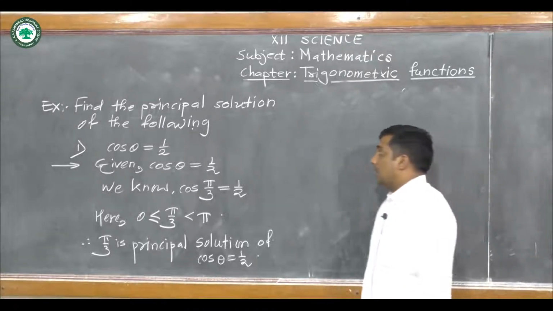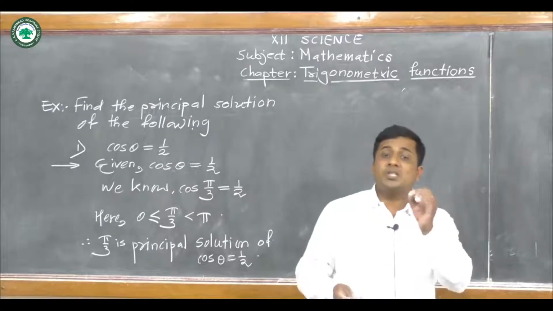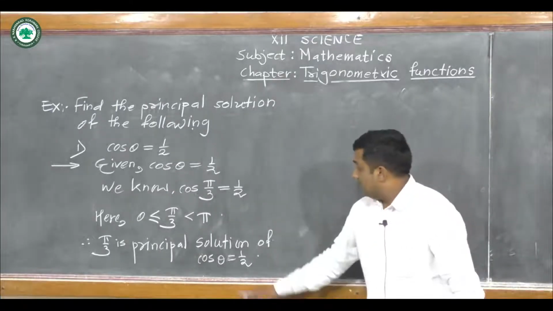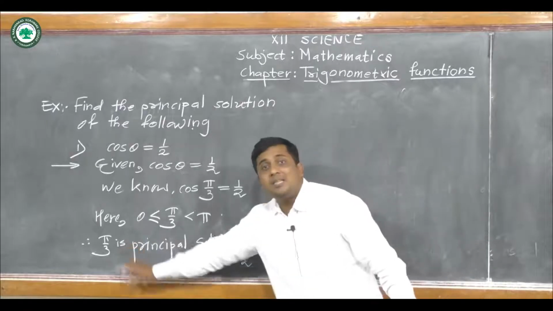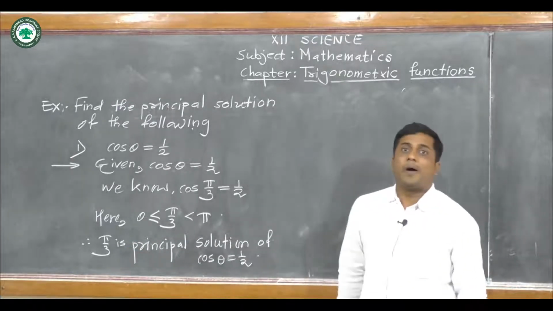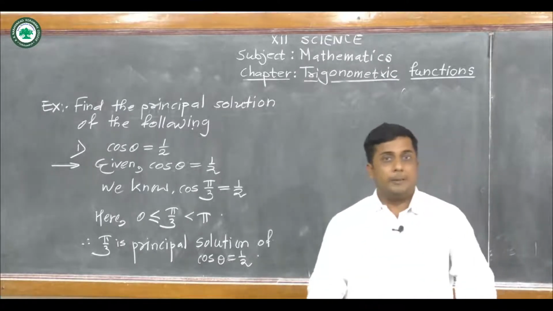Now everyone knows cos theta is positive in the first quadrant and in the fourth quadrant. This angle pi by 3 is from the first quadrant. Now we have to find the angle from the fourth quadrant.